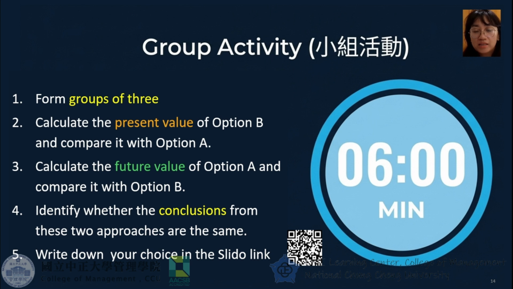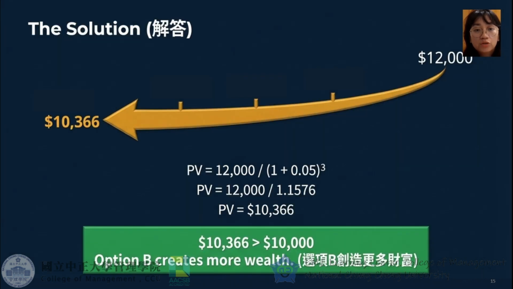Okay, as I have received all of your answers, let's review the result together. To compare these two options, we must look at them in the same time period. Let's say we discount the future values back to the present value.